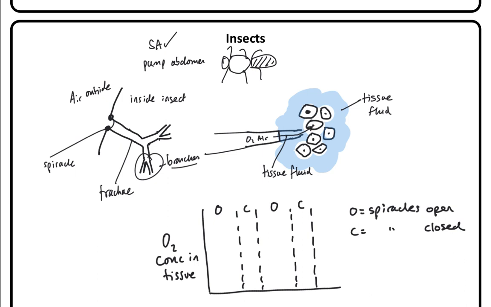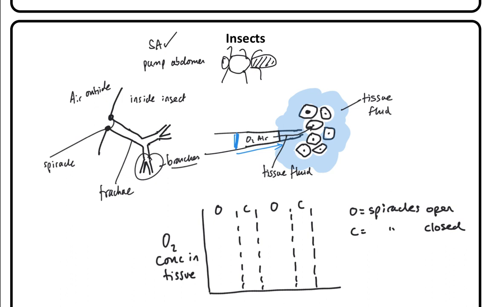And if the tissue fluid came to here instead, it'd have a far further distance to diffuse through the water. Diffusion through liquids is far slower than through gases, as you know.